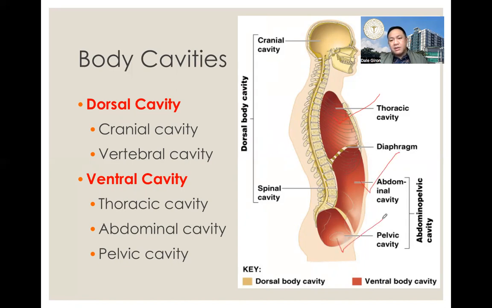Doc, ba't may mga cavity yan? This is to divide the organs found anteriorly. These are the abdominopelvic cavity. The abdominal and the pelvic cavity, there are organs here. There are organs in the abdomen. So, dapat yung nasa abdominal organs, hindi pwedeng pumunta sa pelvic cavity.